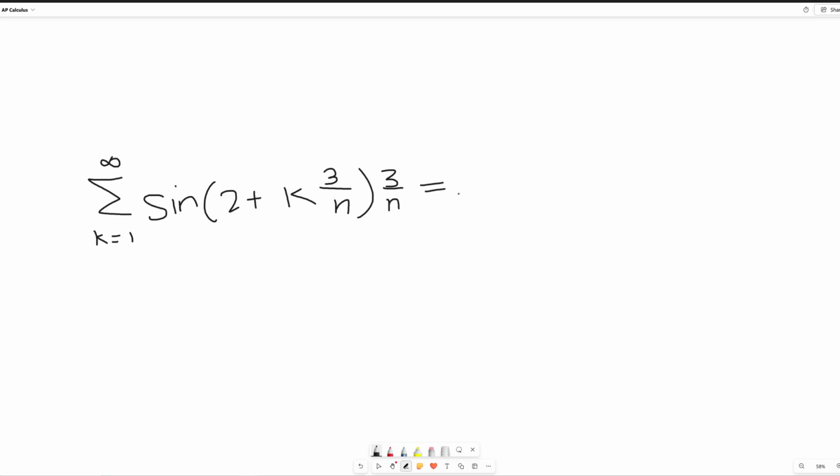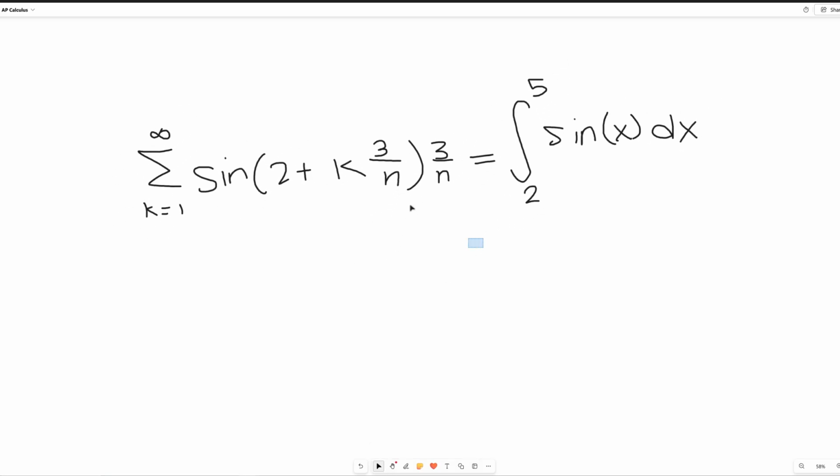This integral would be, you take your a value, that's your first, 2, your delta x, so 2 plus 3 is 5, of sine of x dx. This is correct. However, there's a second way to write this. You need to know that there's 2 ways to write it, because on the multiple choice section, you will not always get the same way.